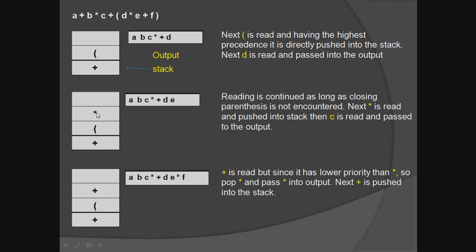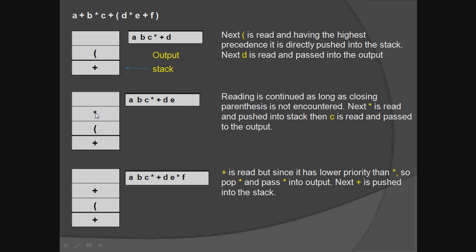Now in the case of this one, this has higher precedence and this has lower precedence, but it does not mean that the parenthesis will be popped out of the stack to the output. No, it cannot be done, because as long as the right side of the parenthesis is not encountered, the left parenthesis cannot be passed to the output, so it will stay at its own place.